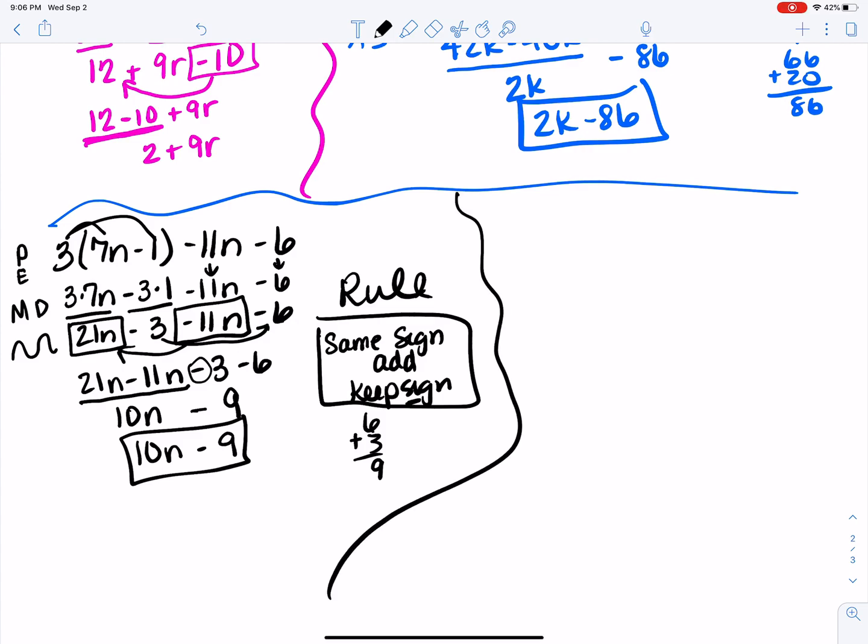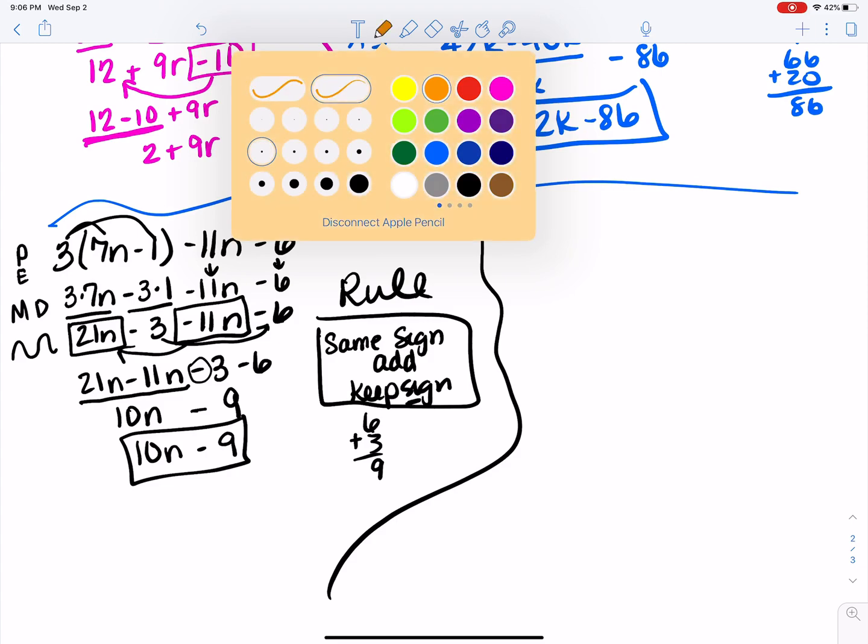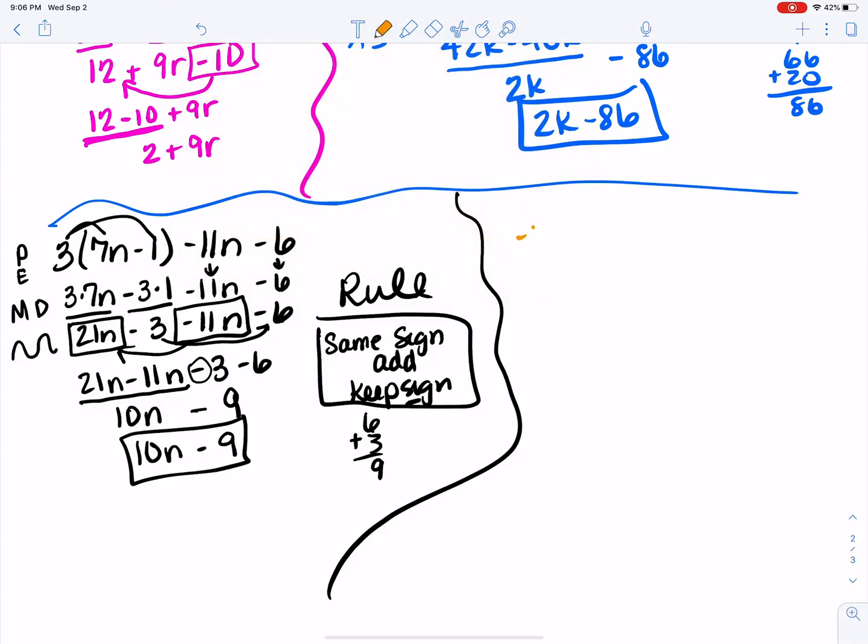Okay. Last one. We'll go to orange. Negative 20 plus 3x minus 5 times 2x minus 10. All right, just because this is on this side doesn't matter. You still have to do those first. So I'm going to distribute. These guys didn't change. They come down. That's a down arrow.